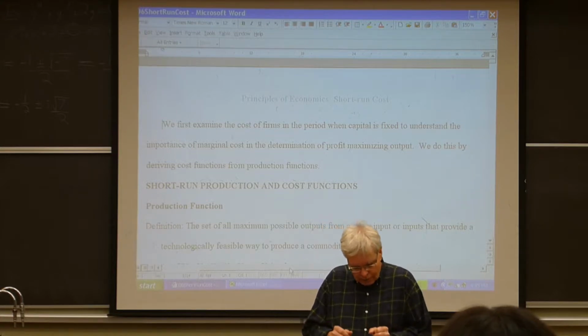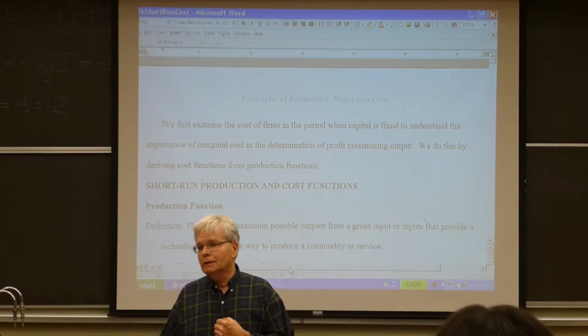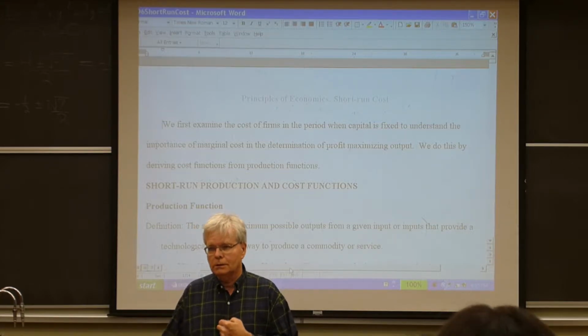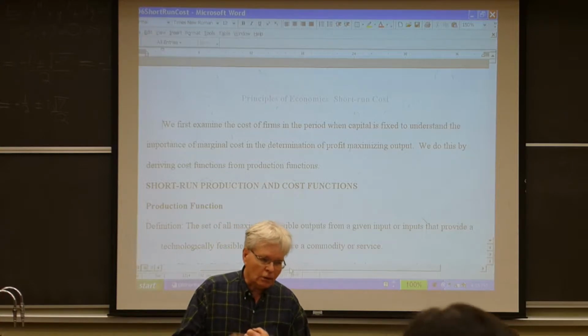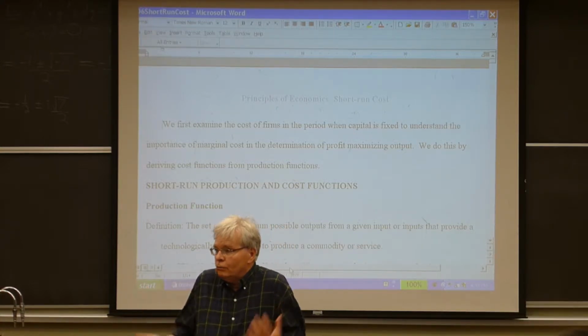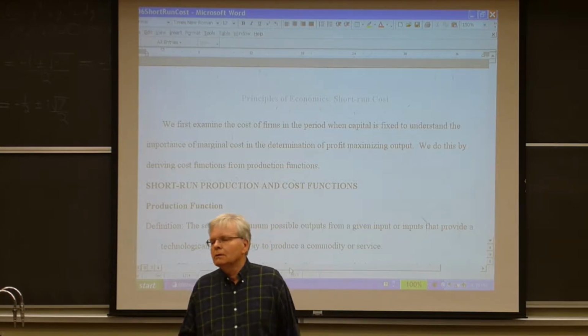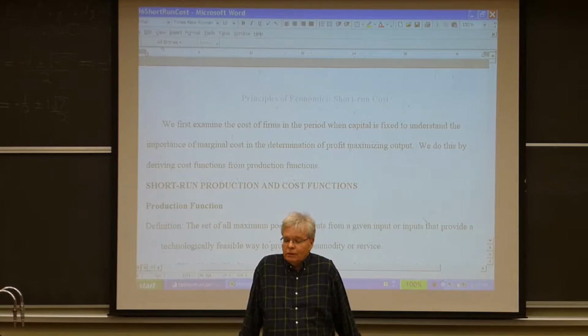So that's the short run. In the long run, you can change the building or anything else you want. It turns out in the long run, usually costs fall. In the short run, costs always go up at some point. And that's really simple. And it turns out, I'll explain, as I say to you, that thing I said before, and we've talked about it.